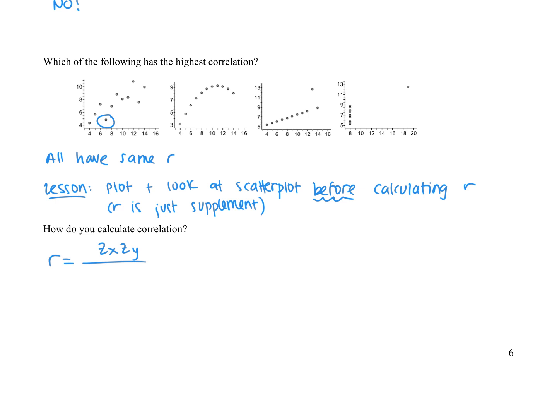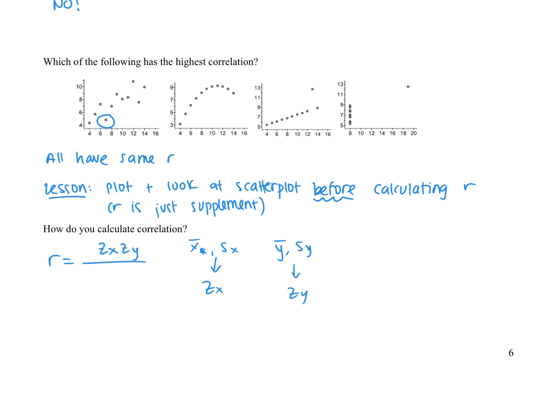What do you need to have to calculate a z-score? Observation, mean, and standard deviation. Okay, so we would need to find the mean of all the x's and the standard deviation of all the x's, the mean of all the y's and the standard deviation of all of the y's, just to be able to find a z-score for x and a z-score for y.